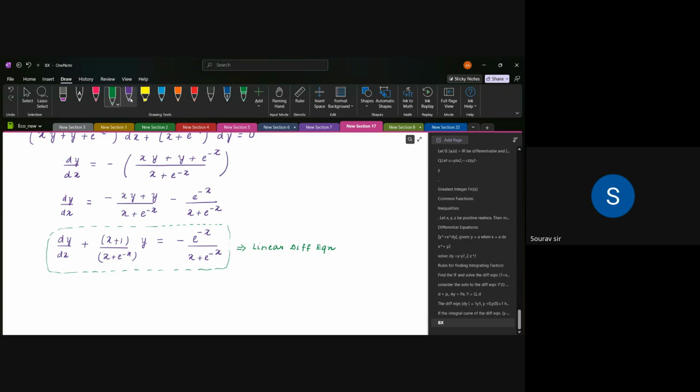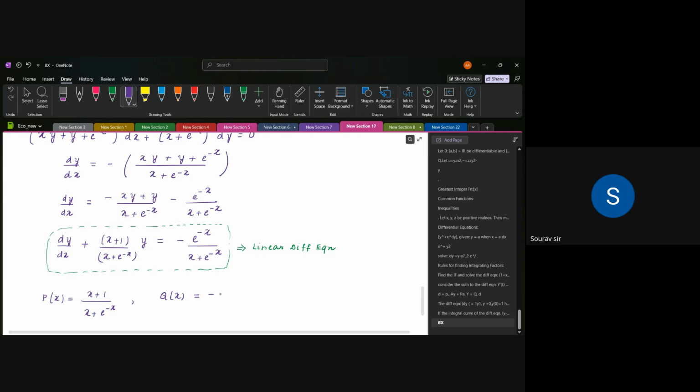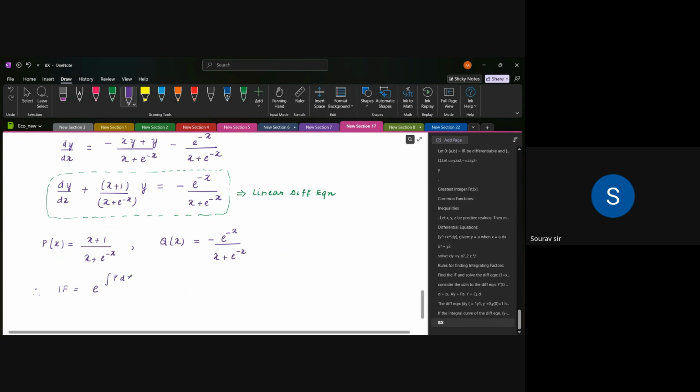So over here, your p as a function of x is (x + 1) divided by (x + e raised to the power minus x), and your q as a function of x is minus of e raised to the power minus x divided by (x + e raised to the power minus x). So I need the integrating factor for this, which is e raised to the power integral p dx.